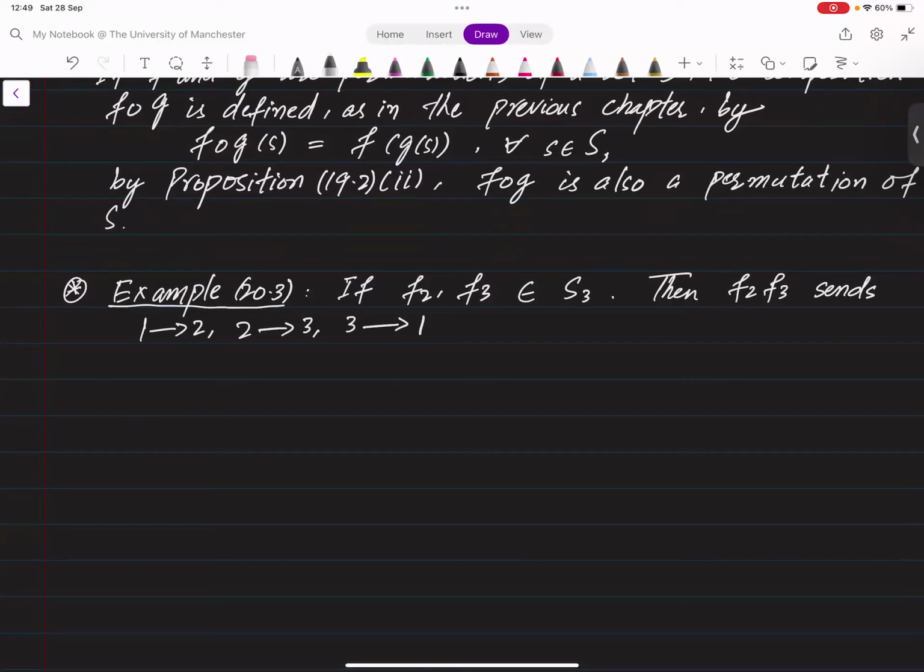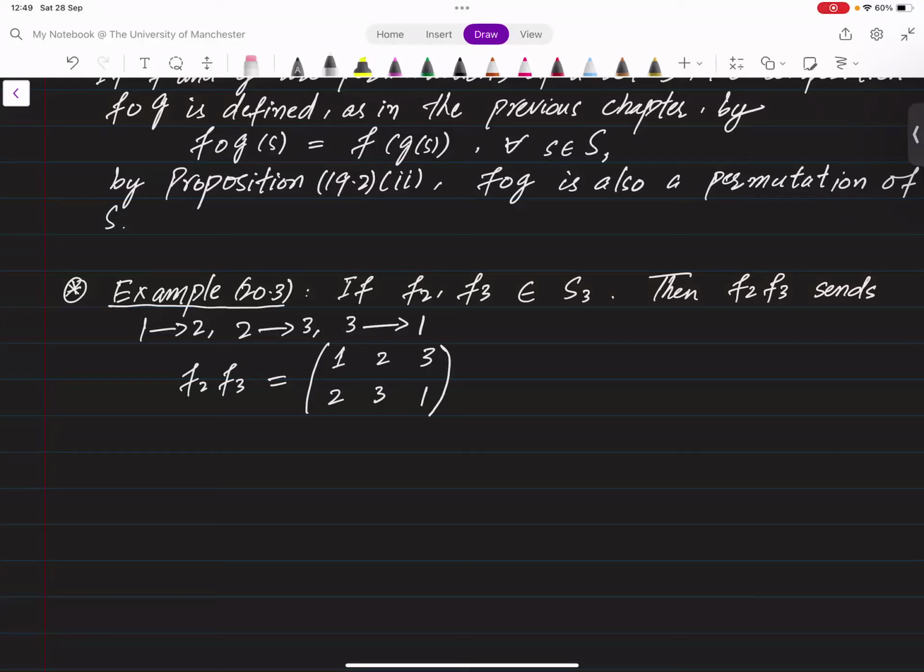Remember, F2 F3 means that first do F3, then do F2. And so you can say F2 F3 is 1, 2, 3, 2, 3, 1.